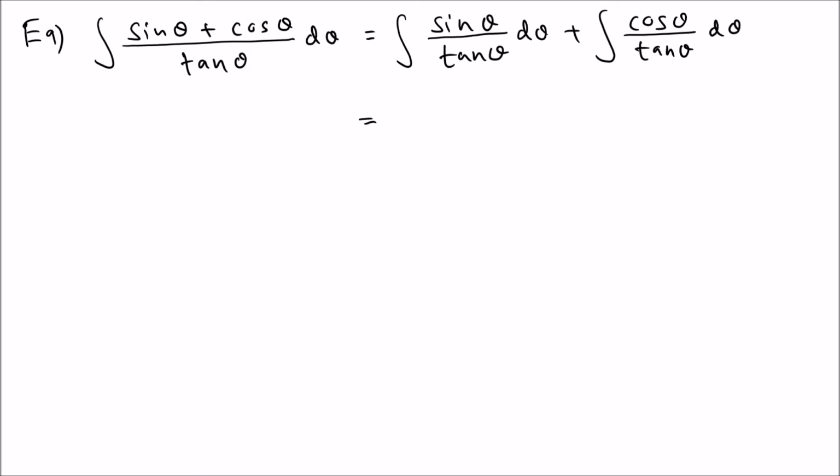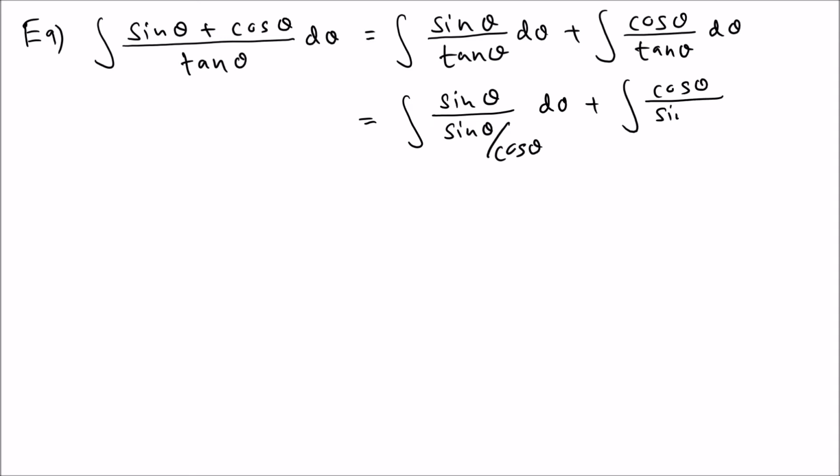Now, as before, you can write this one using sine and cosine. So this is sine theta, and tan means sine theta over cosine theta, d theta. The other one is cosine theta divided by, again, sine theta over cosine theta, d theta.